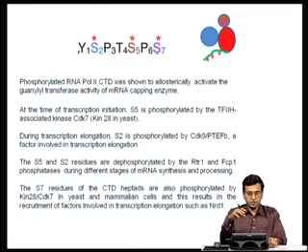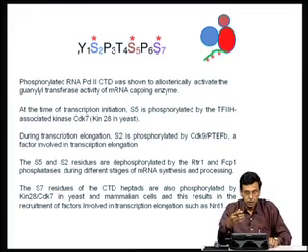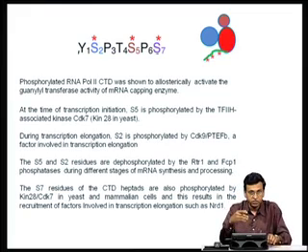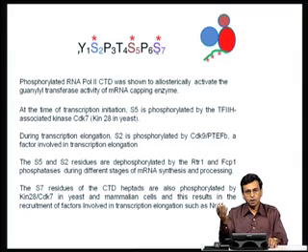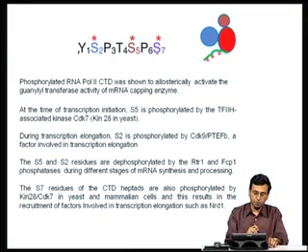So, what has been shown is that if you now add phosphorylated RNA polymerase CTD in an in vitro system that is favorable for mRNA capping, the phosphorylated CTD was shown to stimulate the guanylation of the mRNA, which is basically the process involved in mRNA capping, clearly indicating that CTD phosphorylation plays a very important role in mRNA capping.